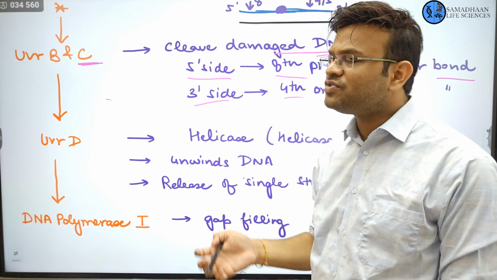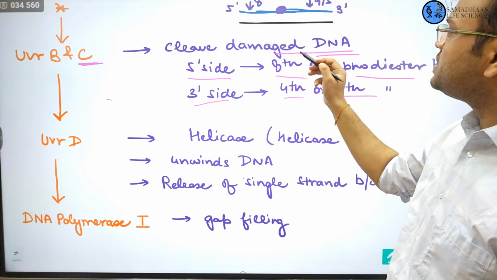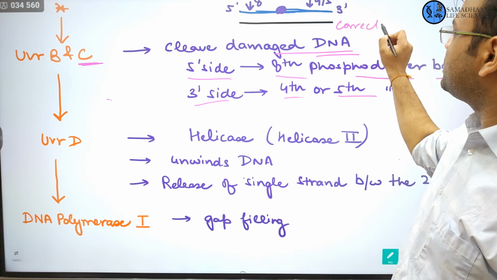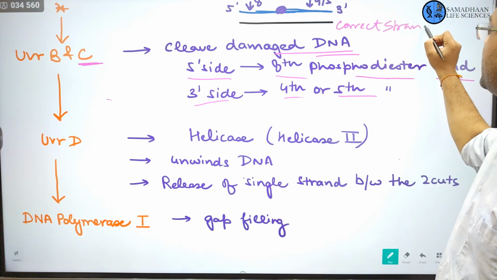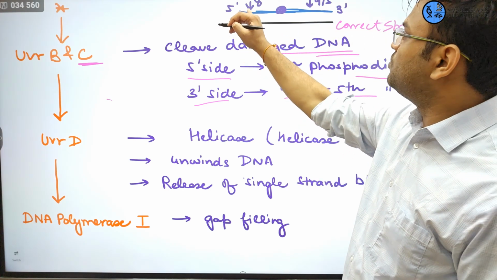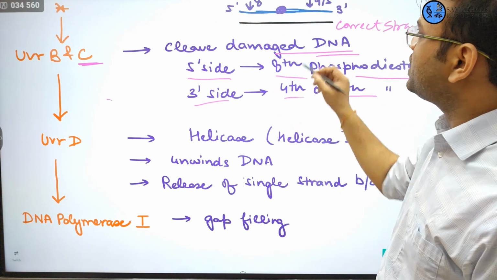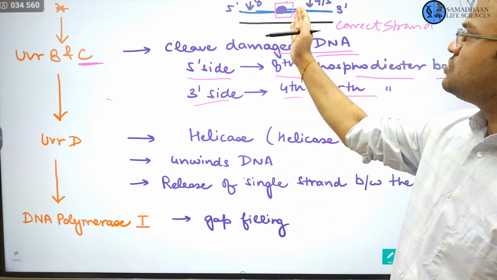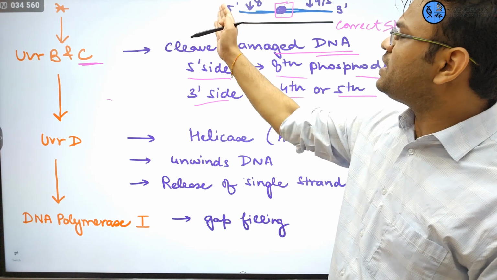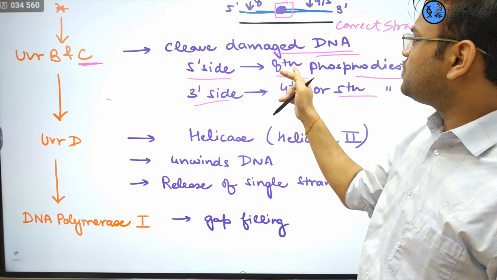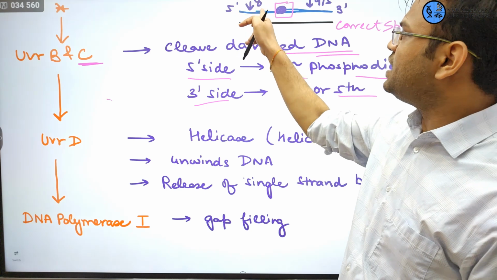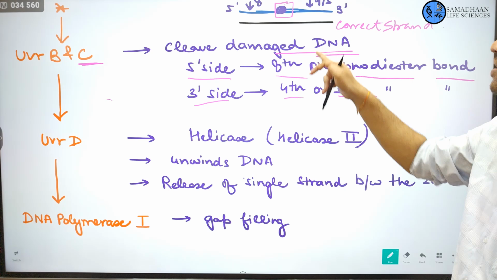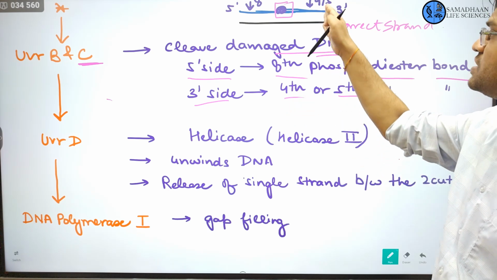What do I mean? I have shown with the help of a diagram. Suppose the black one is the correct strand, and the blue one is the faulty strand. Let us say this is the lesion, the problematic area. So on the 5' end of the problematic area, around the 8th phosphodiester bond will be cleaved, and on the 3' side, approximately the 4th or 5th phosphodiester bond will be cleaved.